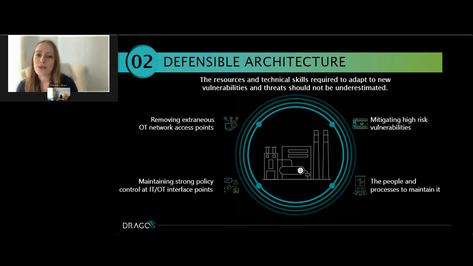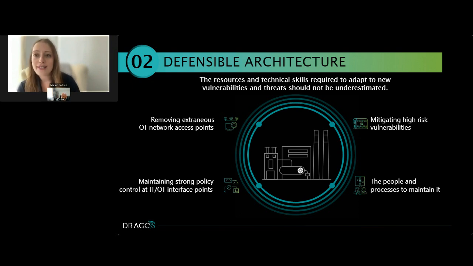Mitigating high-risk vulnerabilities. If you are or subscribe to any information sharing or intelligence sharing in which you would get notified about such vulnerabilities, see how that fits in with your overall prioritization of actions that you'll be carrying out for your cybersecurity plan.